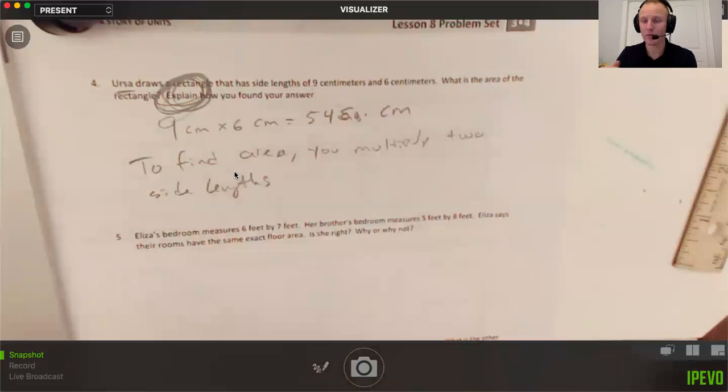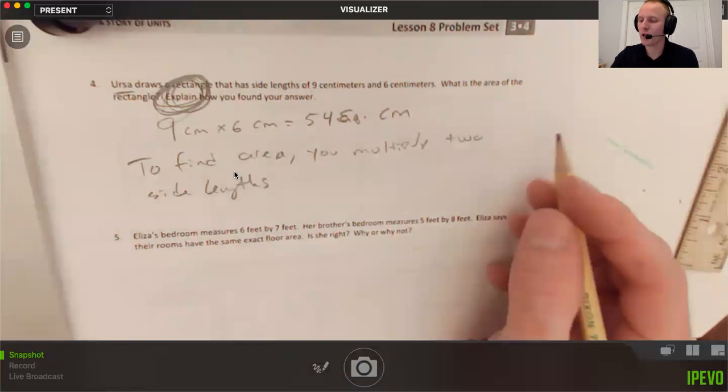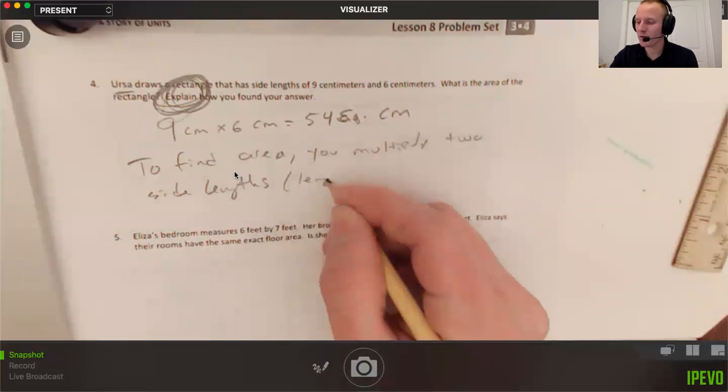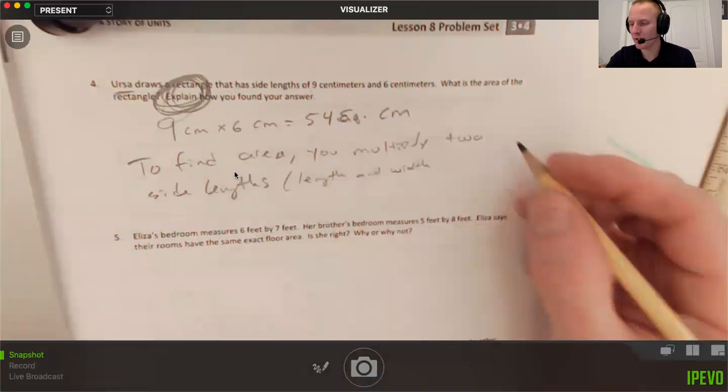Technically, you multiply 2 adjacent side lengths, but that's probably not a word you're going to use when you're writing a response. 2 side lengths, length and width, or length and height. Height, you could do either one.